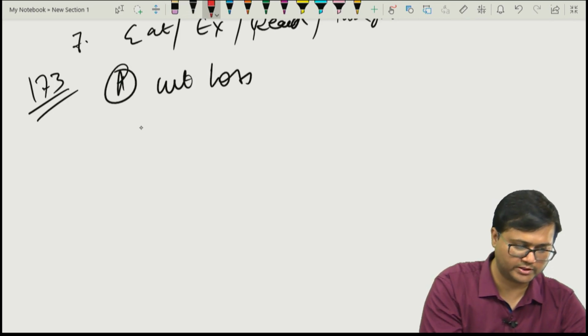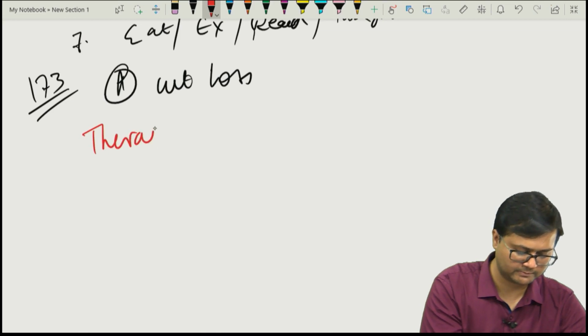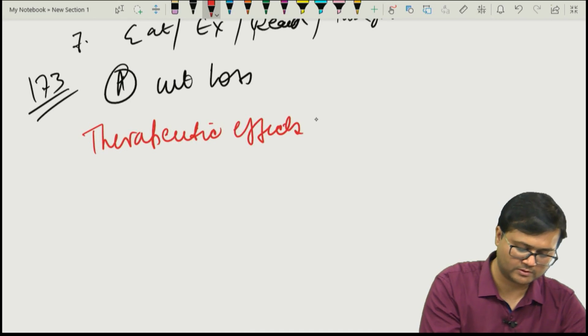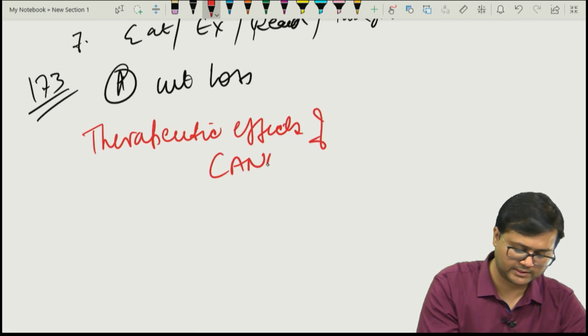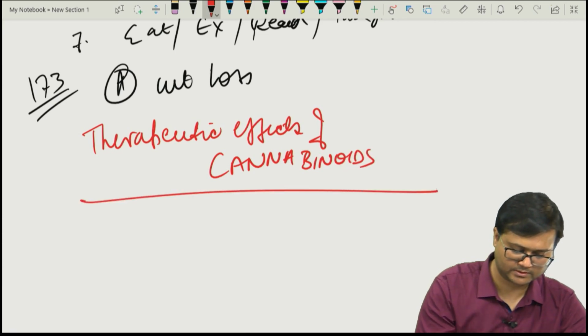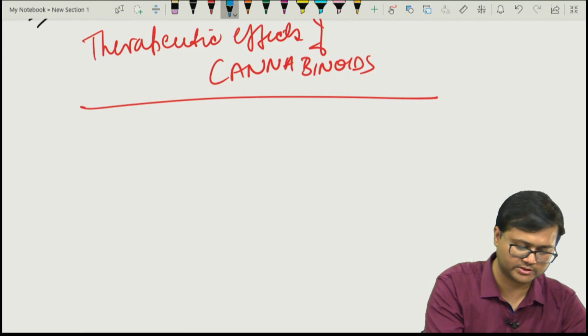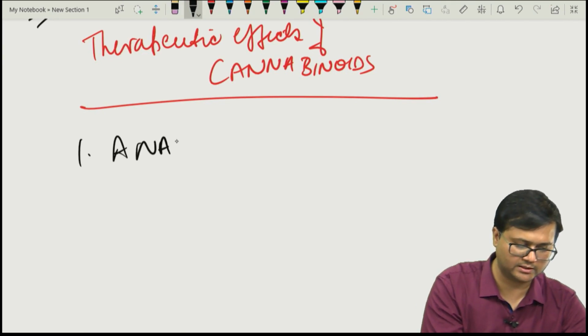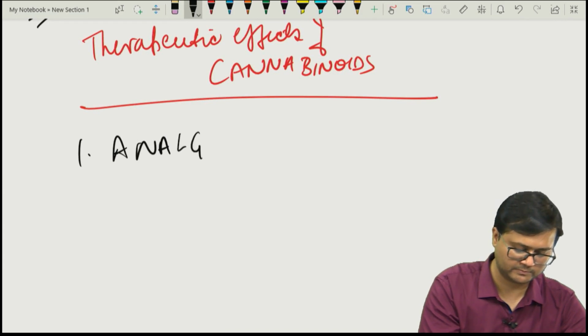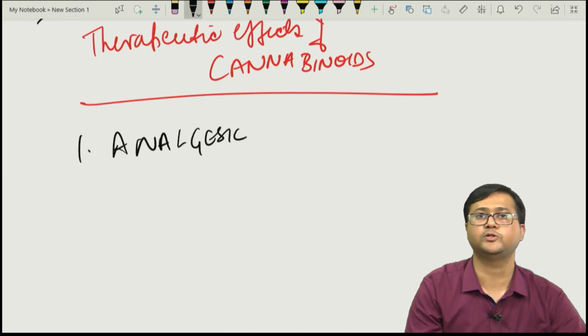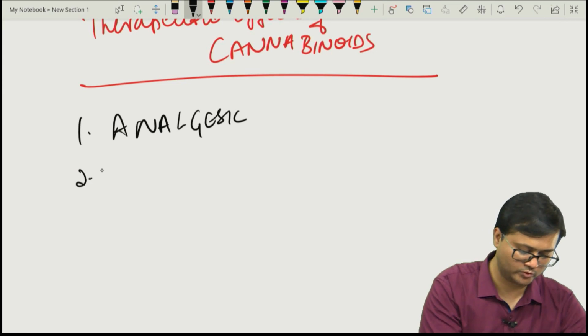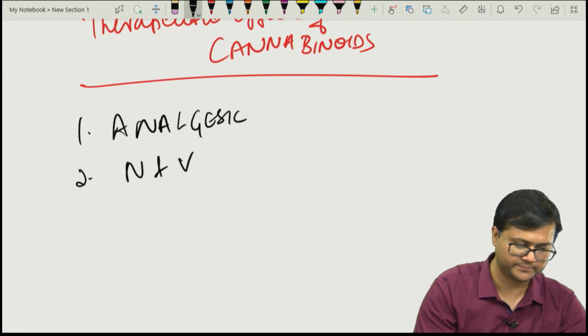Now what are the various therapeutic effects of cannabinoids? Some of the important therapeutic effects are, first, it may be used as an analgesic agent, so for pain it may be used. Then it may be used for nausea and vomiting.